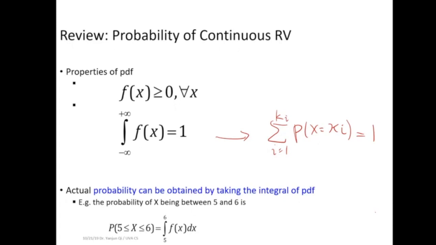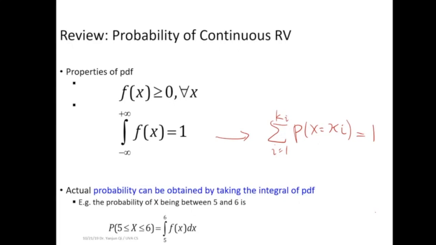So here, instead of doing the summation, we are doing the integral. So the majority of the differences between discrete random variables and continuous random variables is almost just this: convert the summation formulation into the integral formulation.